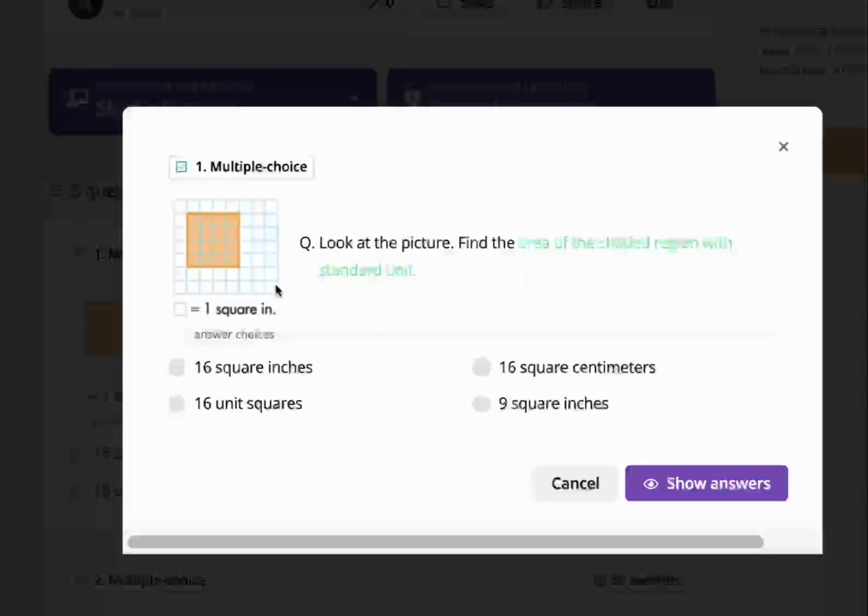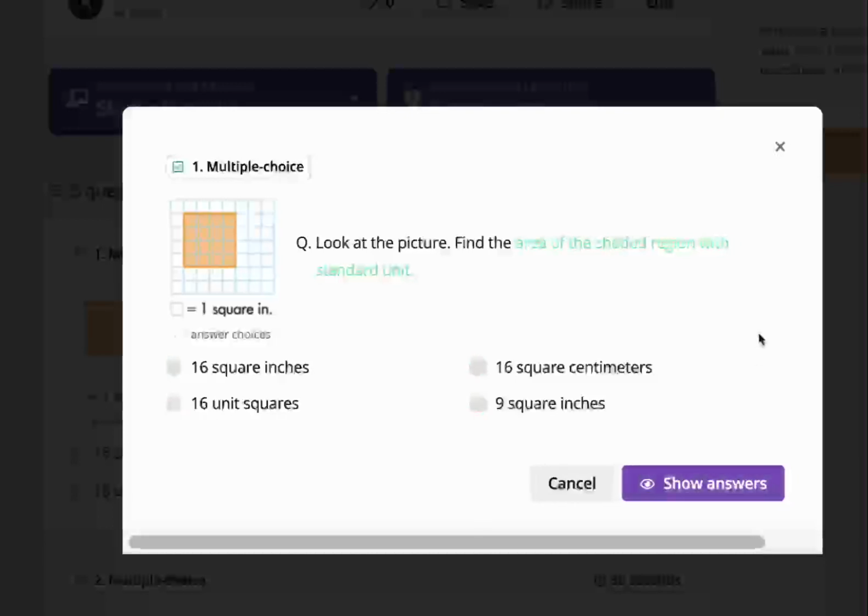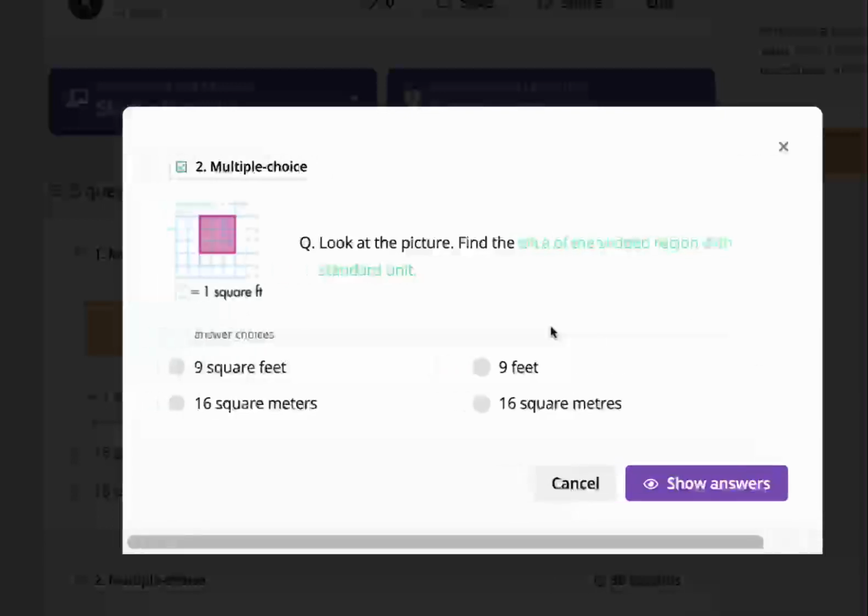First question, these are 16. So 16 square inches. Excellent. In the second question, these are 9. So 9 square feet. Excellent.